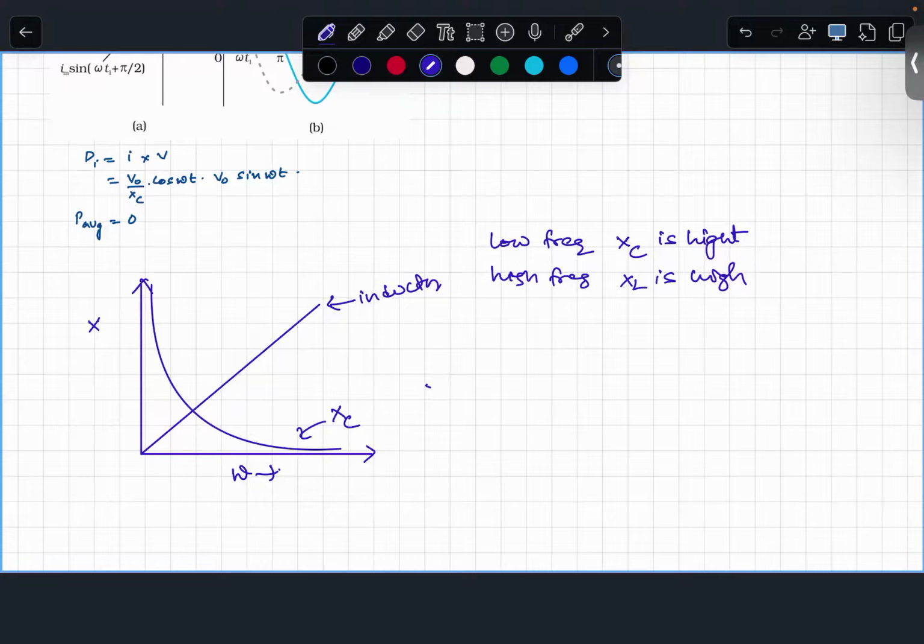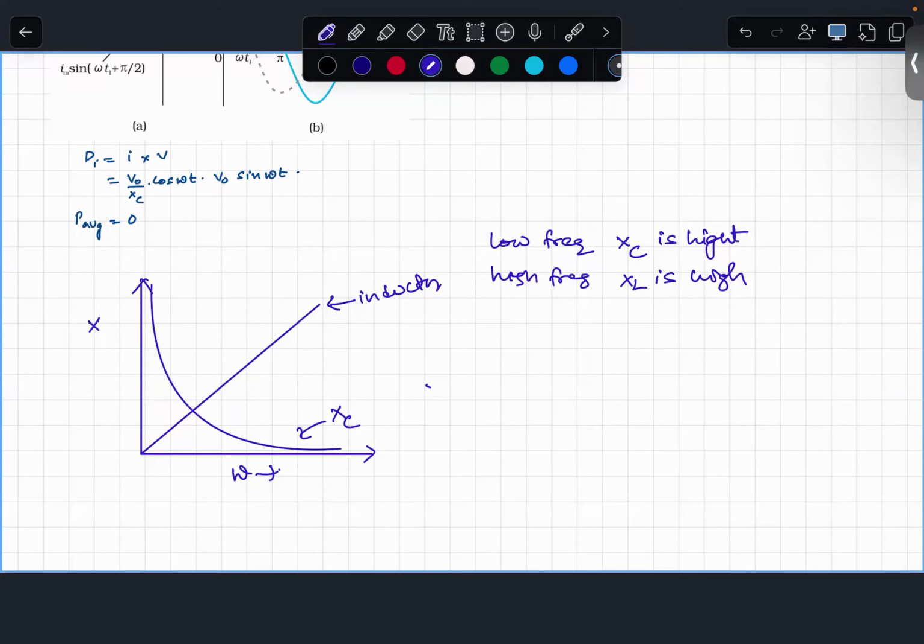On the other hand, if you want to filter low frequency, for example, use a capacitor. For example, for very small changes of current, the capacitor acts as a very infinite resistance. Suppose DC, for example, there is no change of frequency at all.